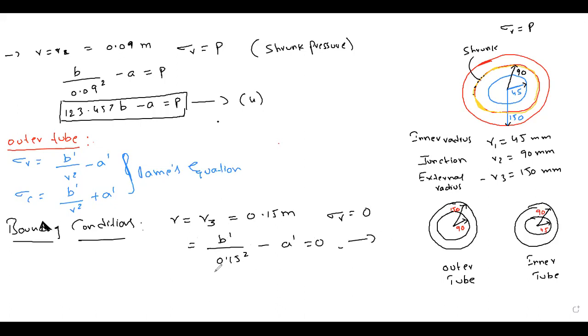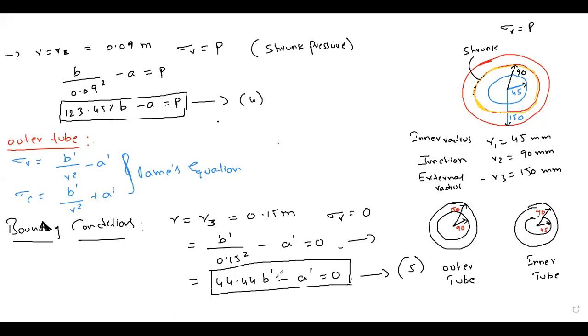Let us take this equation finally as 44.44 B dash minus A dash is equal to 0. Consider this as the fifth equation, with respect to B dash and A dash.